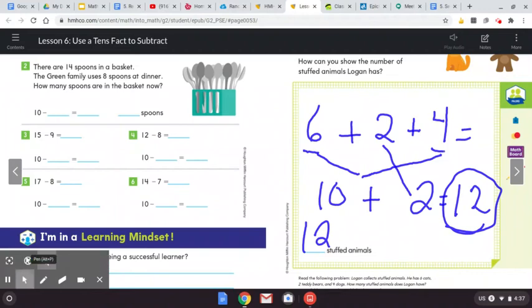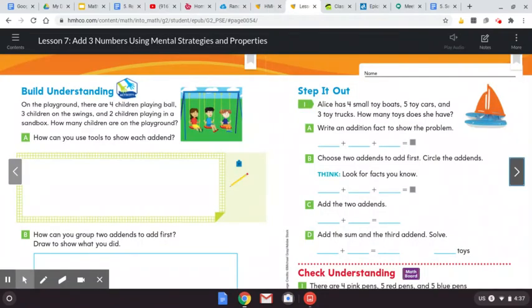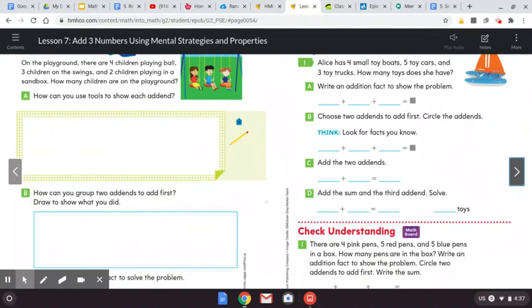All right, let's go ahead and change pages. Build an understanding. There are 4 children playing ball, 3 children on swings, and 2 children playing in the sandbox.